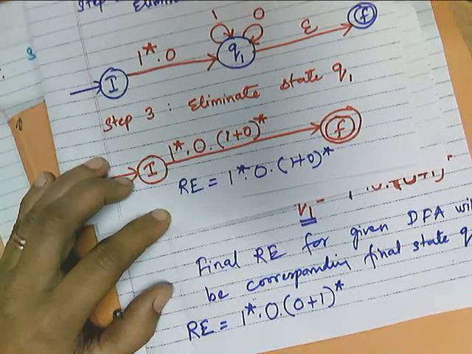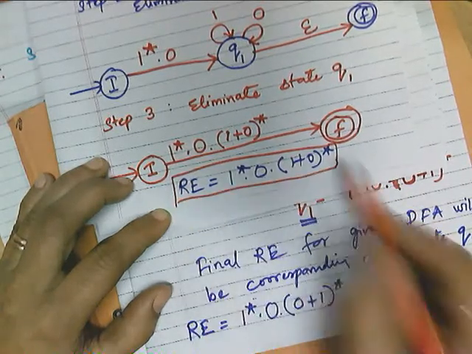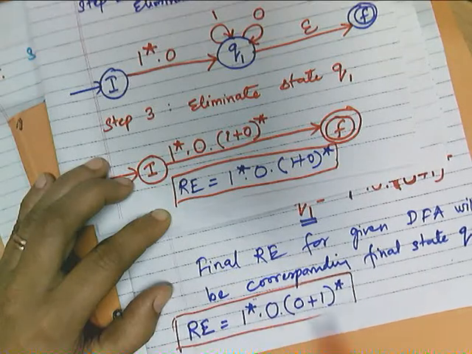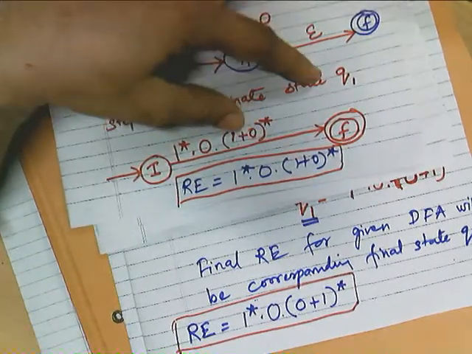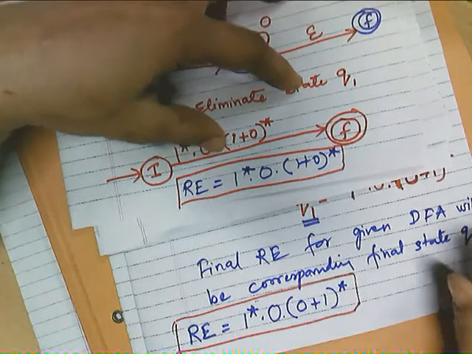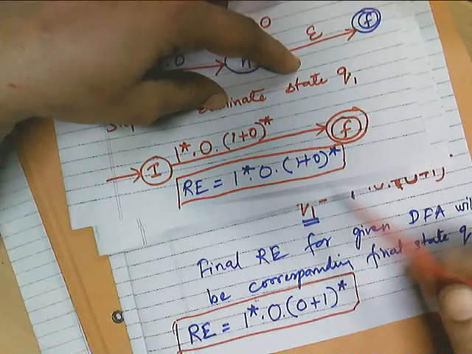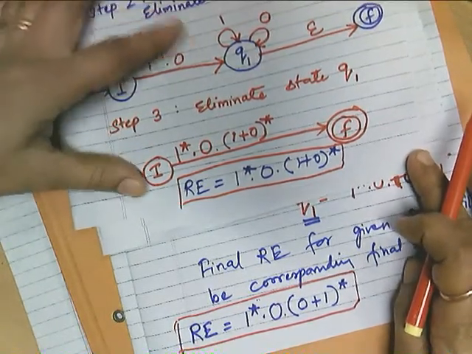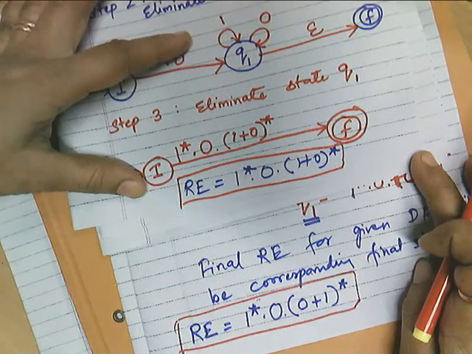So we get the same regular expression for the given DFA using the state loop elimination method or using Arden's theorem. It is not always necessary that you will get the same expression, but whatever expression you get defines the given DFA, because for a single DFA you can have multiple regular expressions.